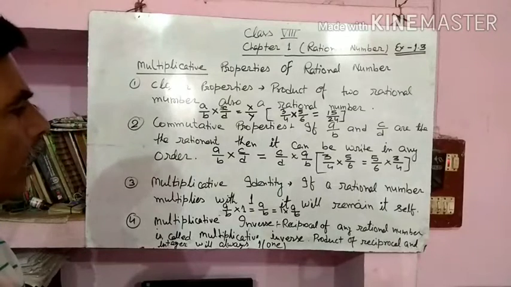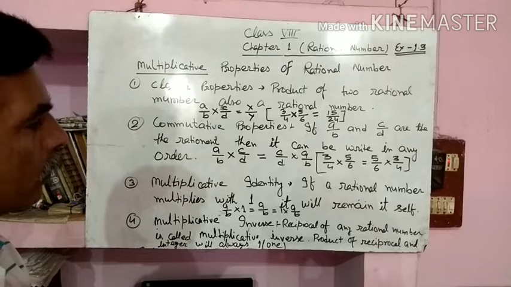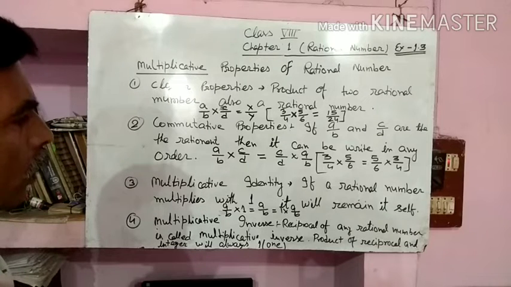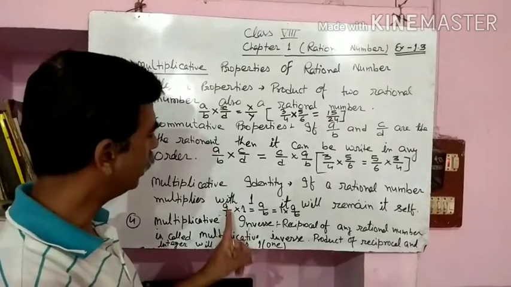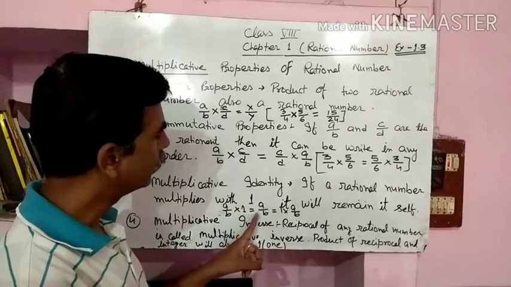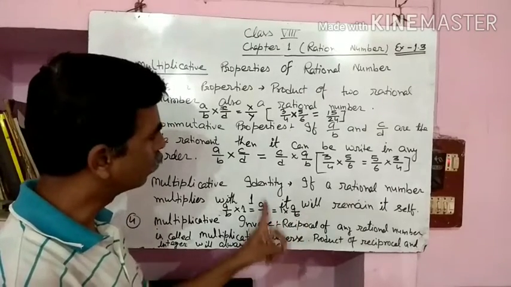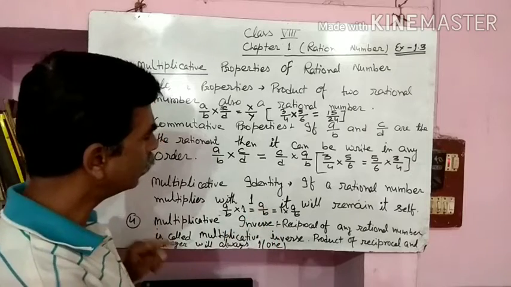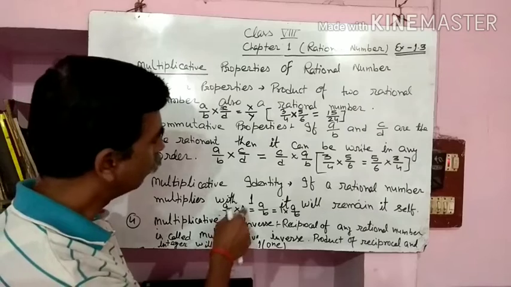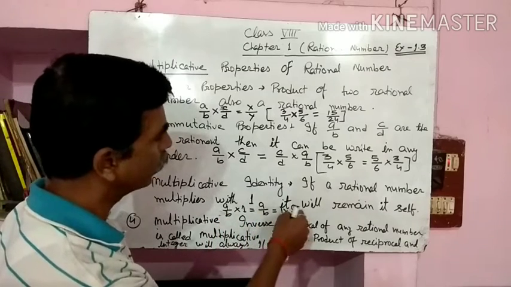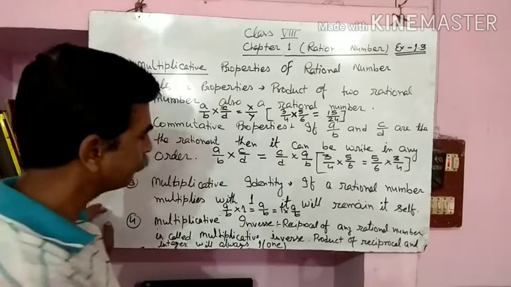So a by b into 1 is equal to a by b, or 1 into a by b is also equal to a by b. The actual rational number is a by b. If we multiply this number with 1, or 1 with that number, you will get the same result, which is a by b.